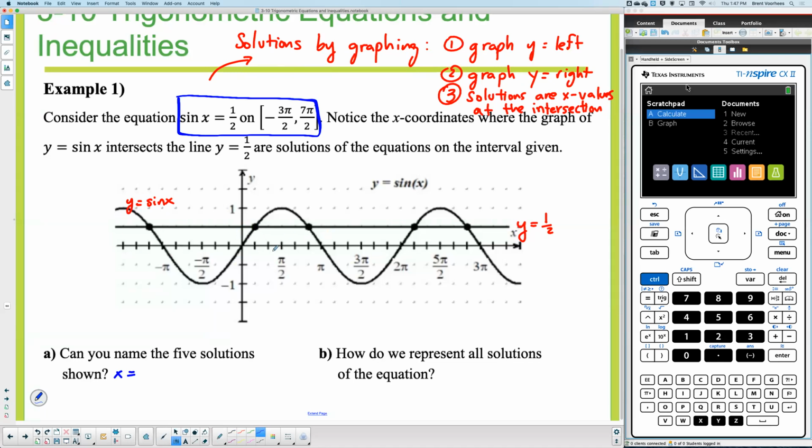Now, just to be clear here, this is pi over 2. If I want to know what each tick mark is worth, pi over 2 comes on the third tick mark. So the first tick mark would be whatever pi divided by 2 divided by 3 is. Why? Because there's 3 marks to get to pi over 2. What is pi divided by 2 divided by 3? Not divided by 5.